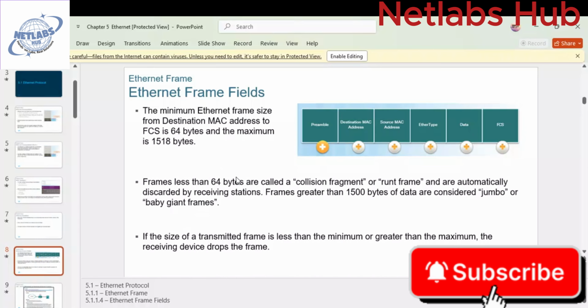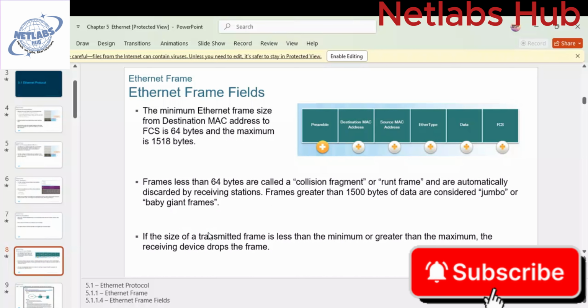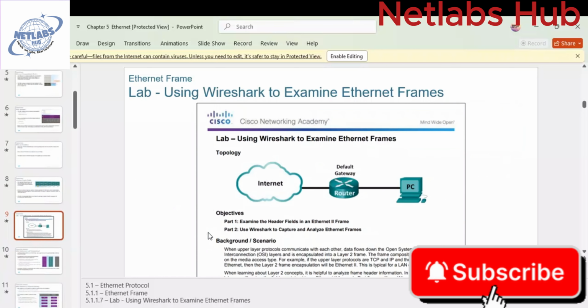Frames less than 64 bytes are called collision fragments or runt frames, and they are automatically discarded. Frames above 1500 bytes of data are called jumbo, baby giant, or giant frames. If the size of the transmitted frame is less than the minimum or greater than the maximum, the receiving device drops it. You should understand that.